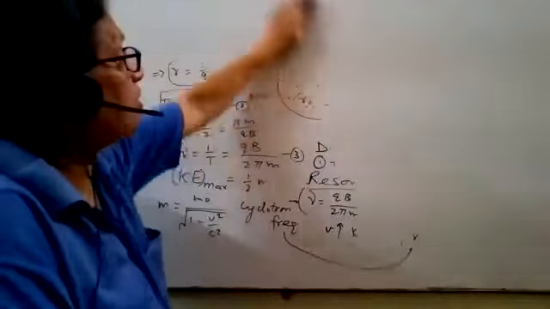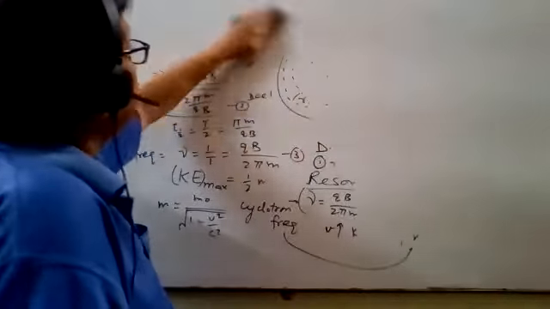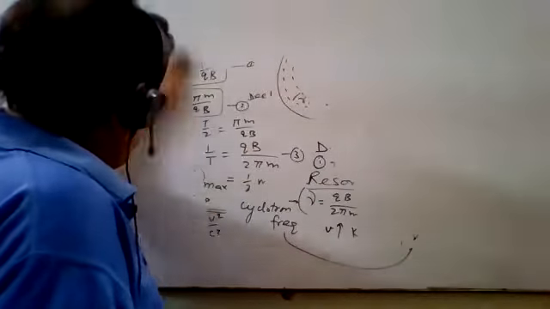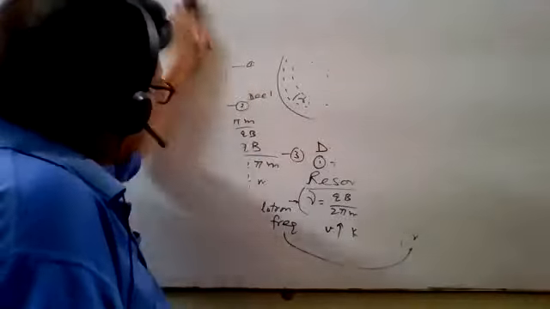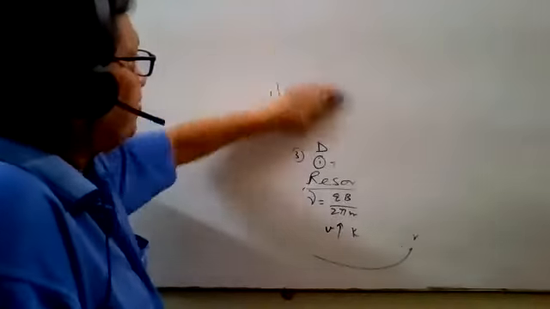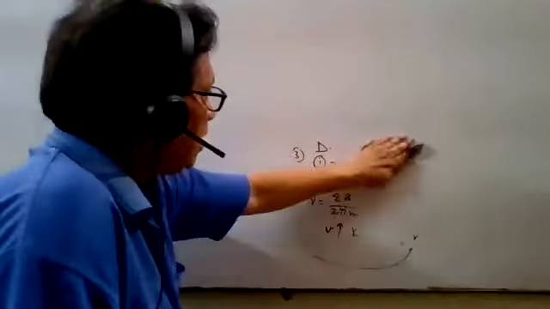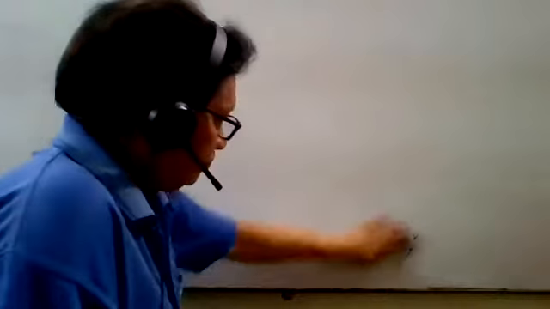So just write down the topic here: torque on a rectangular coil placed in a uniform magnetic field. And after this we'll discuss the actual moving coil galvanometer.